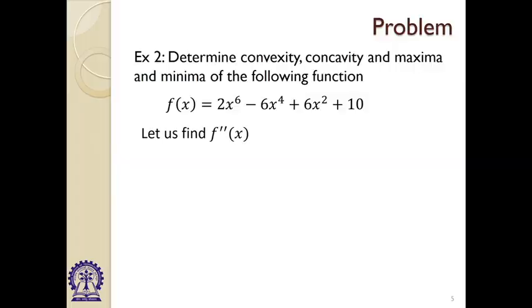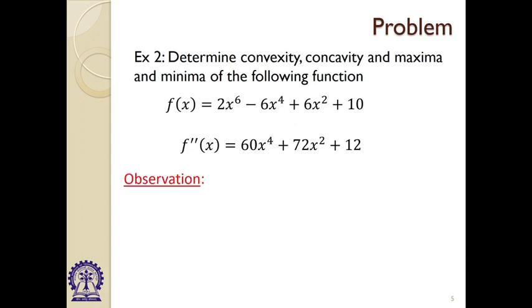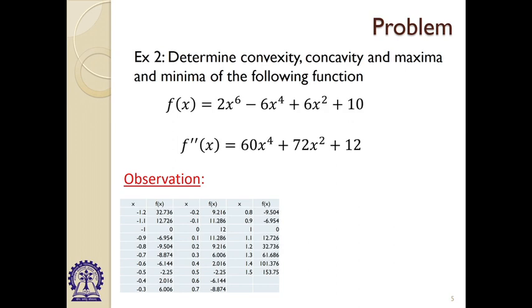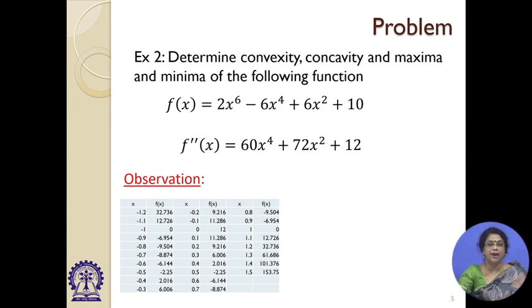That is why let us see what the value for f double prime x is. Now, x again is not restricted, it can move from minus infinity to infinity. That is why, through Excel, I found a few values for x and the corresponding f x and tried to find the values for f double prime x.